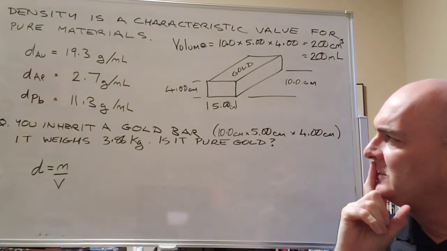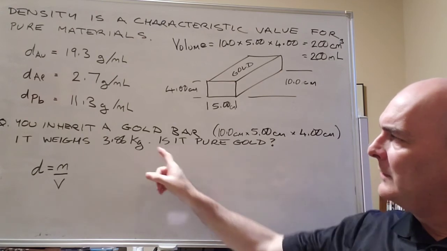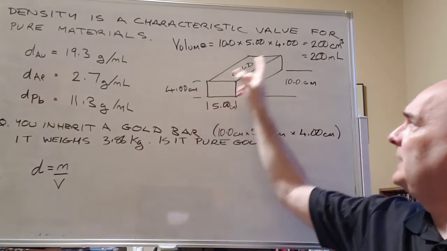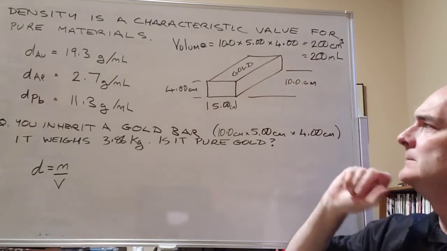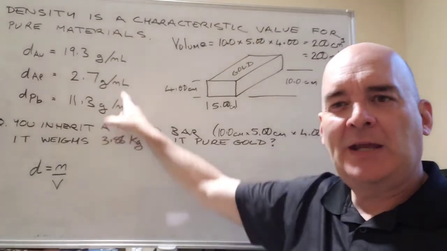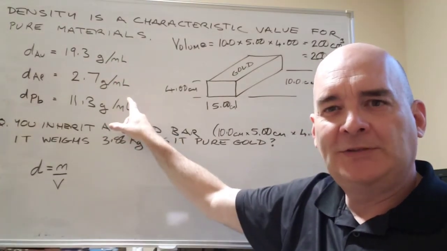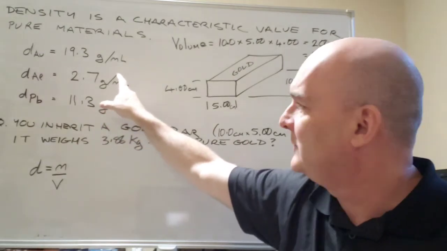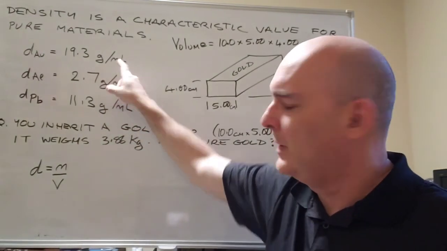But when I look at this, I realize that if I take this number, 3.86 kilograms, and divide it by 200 milliliters, then my answer comes out in a different set of units than the units that are being used to determine whether my answer is legitimate or not, because these are in grams per milliliter.